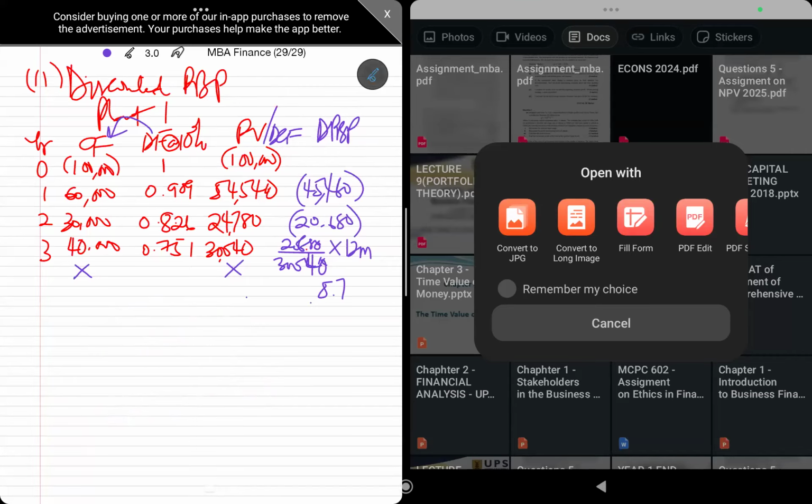Is it 8.2 or 8.7? 8.26. So let's say 8.3. So the discounted payback period equals 2 years, 8.3 months. Now follow the same approach and solve for plan 2.